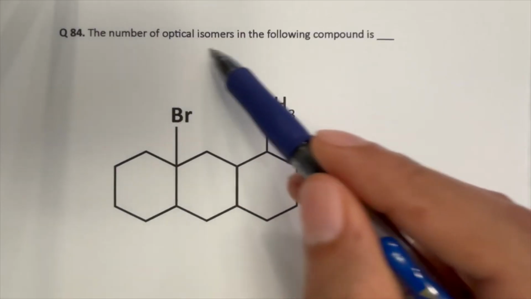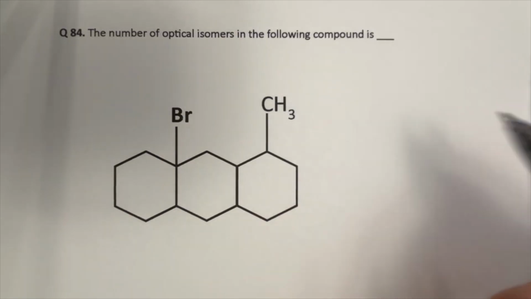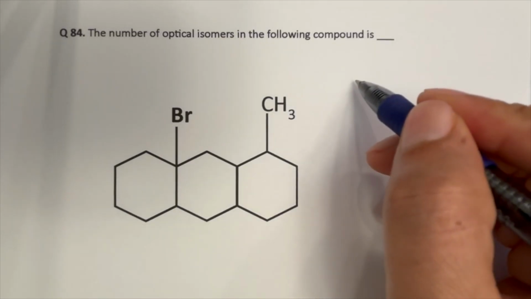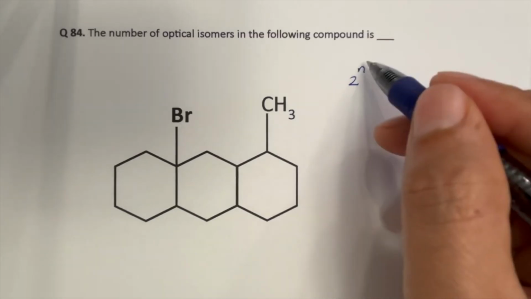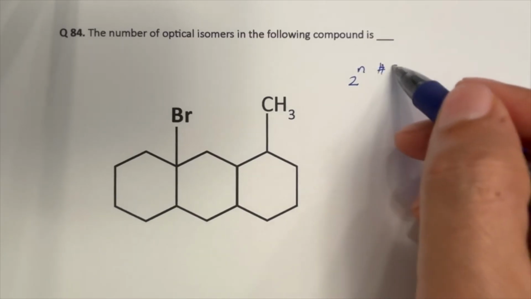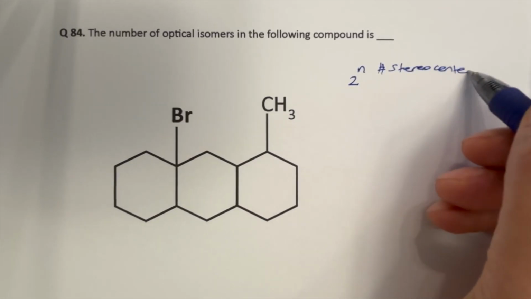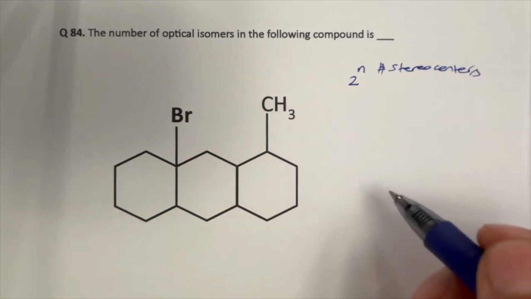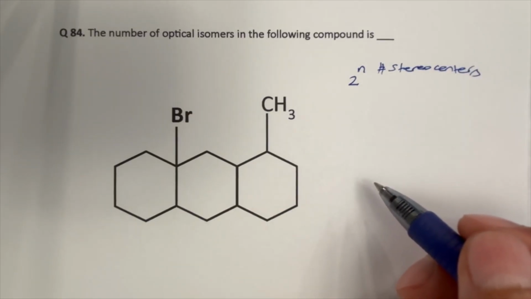The number of optical isomers in the following compound is how many? Number of optical isomers is equal to 2 to the power n, where n is the number of stereocenters. In this case, chiral centers and stereocenters are one and the same and therefore we need to figure out the number of chiral centers here.